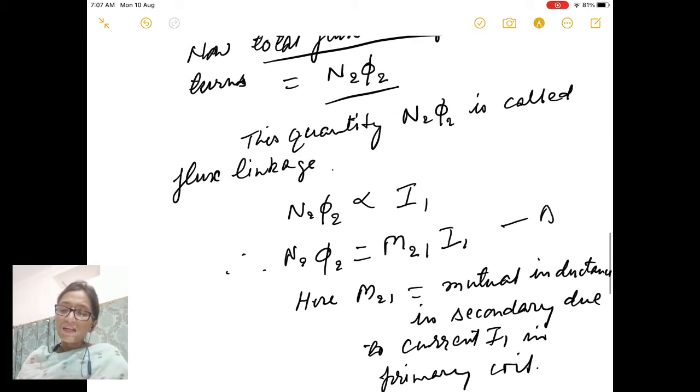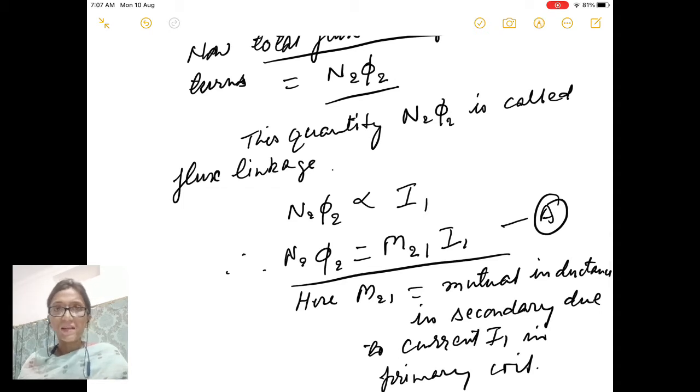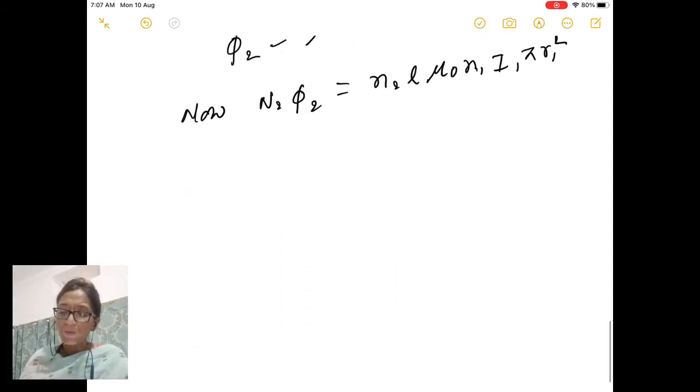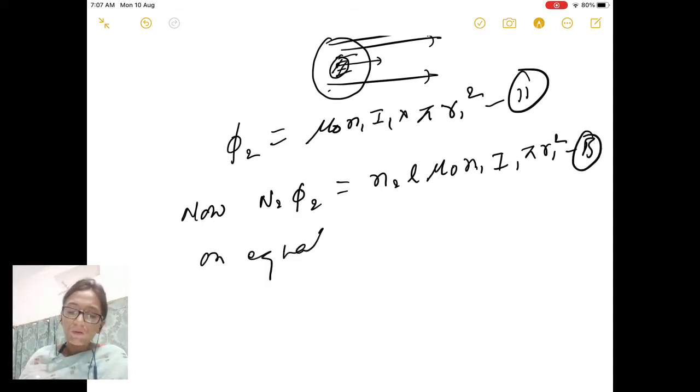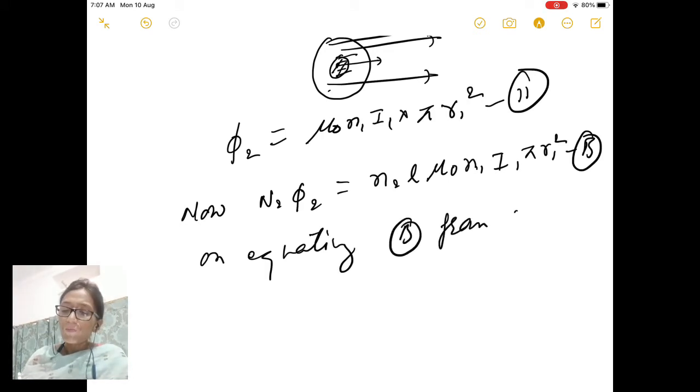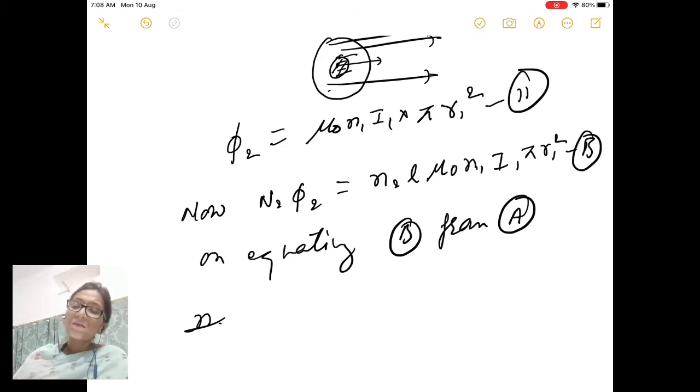So from equation A, in which flux through the secondary is proportional to current through the primary, you can equate it. On equating with A, let me rearrange it.